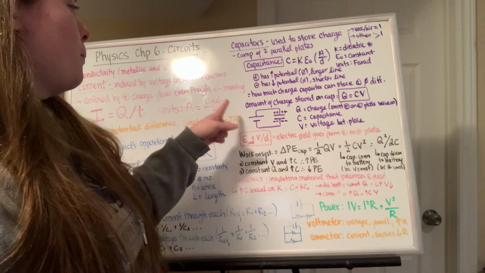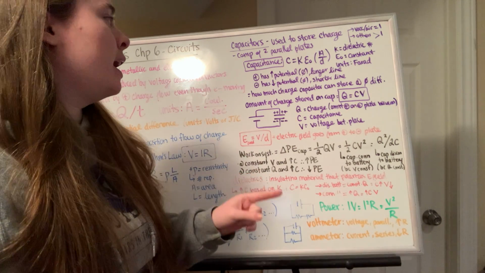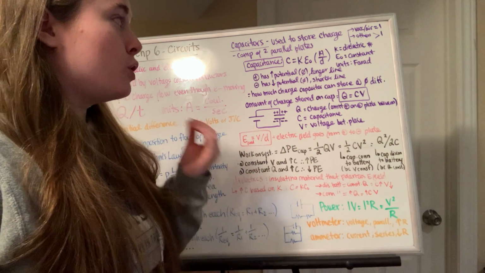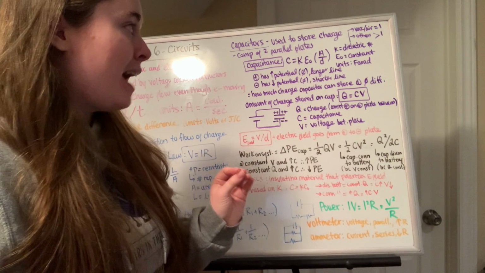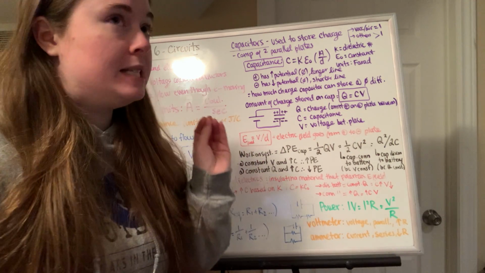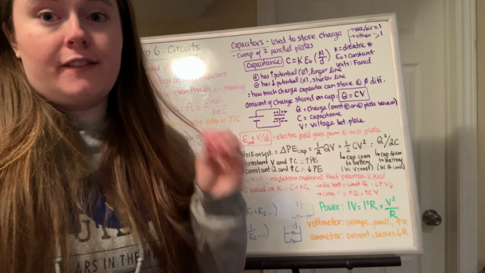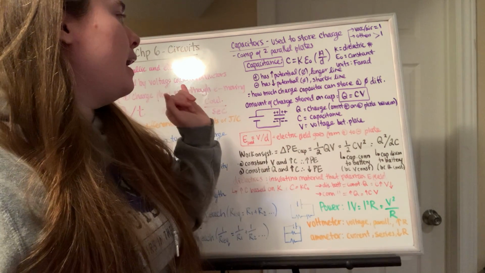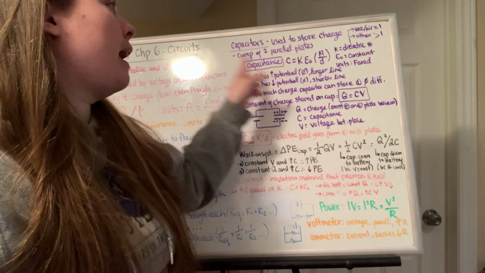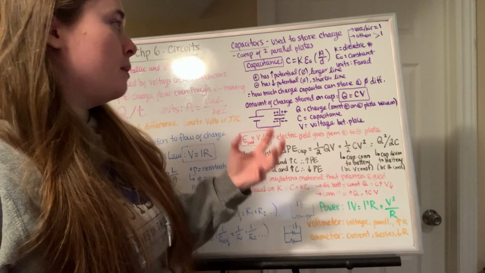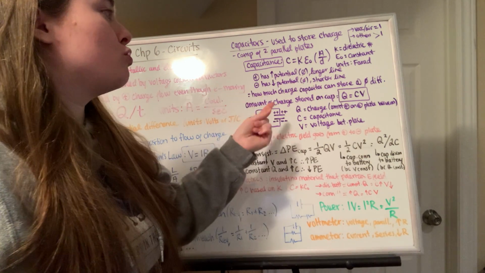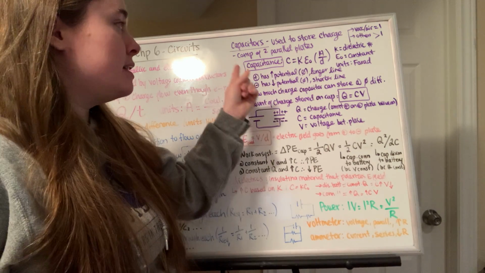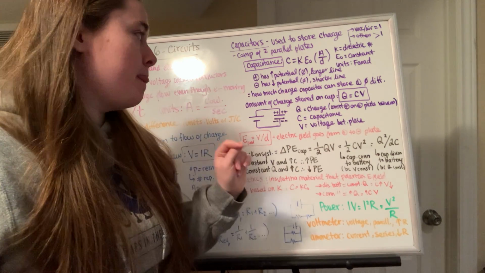Okay, so how much charge can a capacitor store at a specific potential difference? That's a very important question. That is what capacitance basically is telling you: how much charge the capacitor can store at a specific difference of potential.